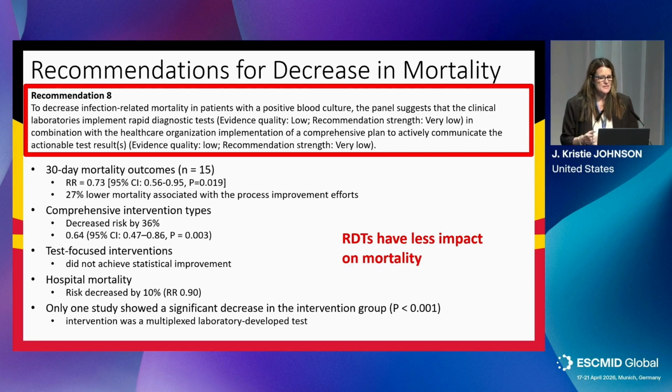We saw a 36% decrease if you use the comprehensive intervention types. And then if you use just the test alone, that did not achieve any statistical improvement when it came to mortality when using these tests. And then the hospital mortality was decreased by 10%.